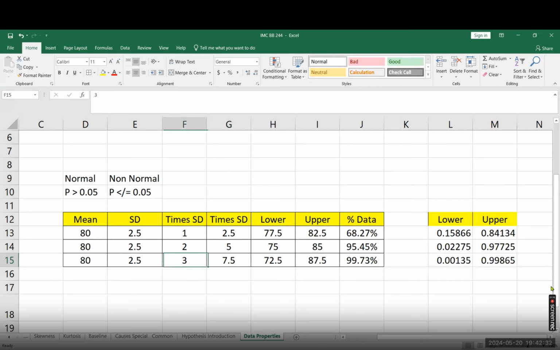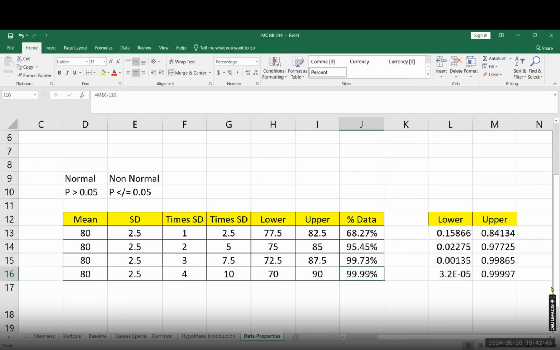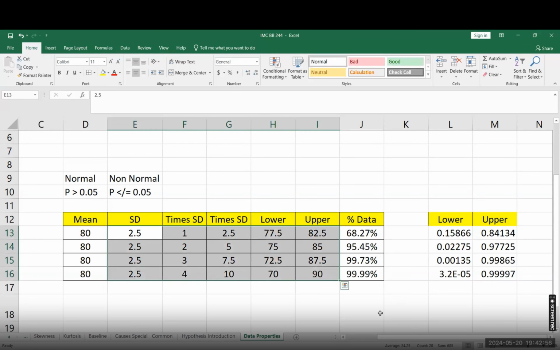Exactly in the same way, if I calculate this value for the 4 times of standard deviation, this value will be 99.99 and so on. So if this many values are falling within the given standard deviation, then we can say this data is normally distributed.